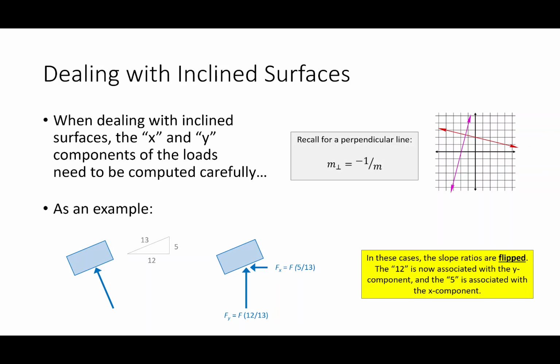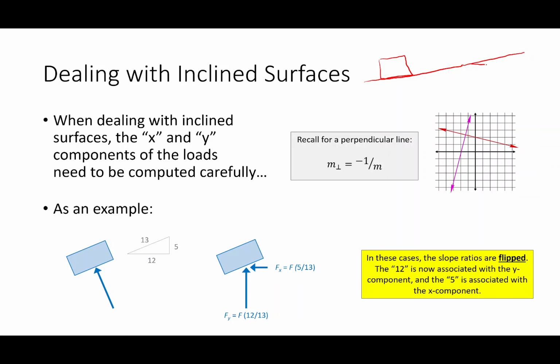The idea is, and I'm going to draw one here on the slide that's maybe a little goofy in its proportions, but I think it does make the point. Let's say that I have a box on a ramp, and let's give it a really light slope ratio.